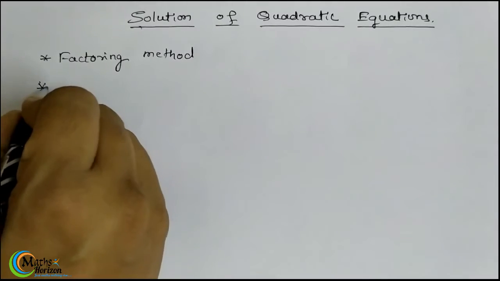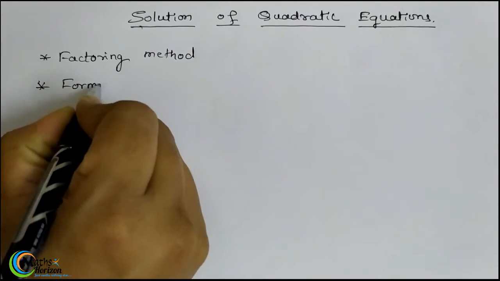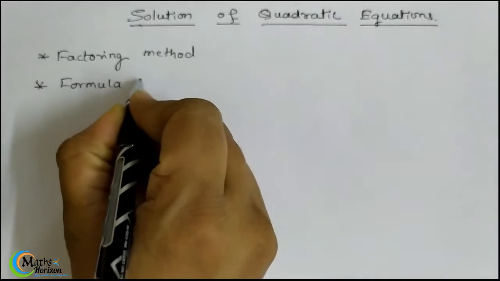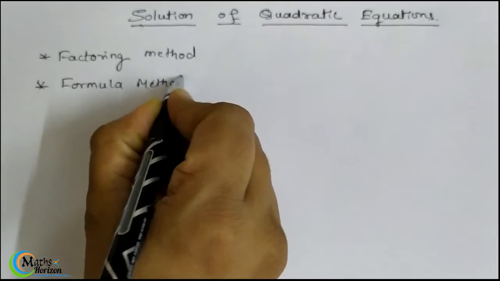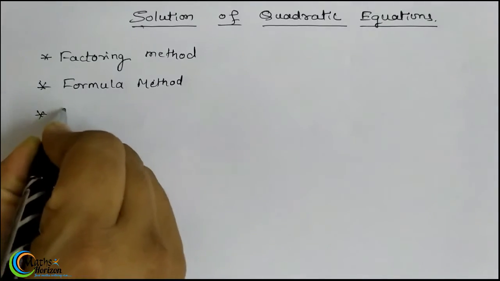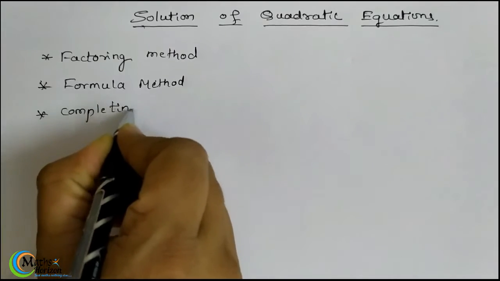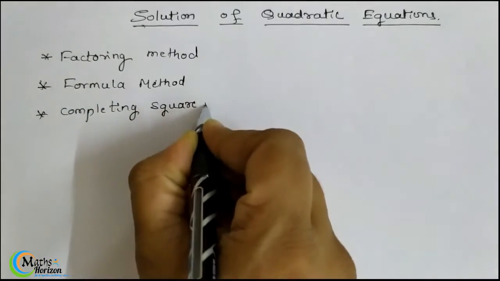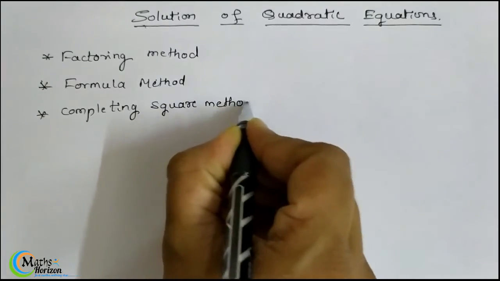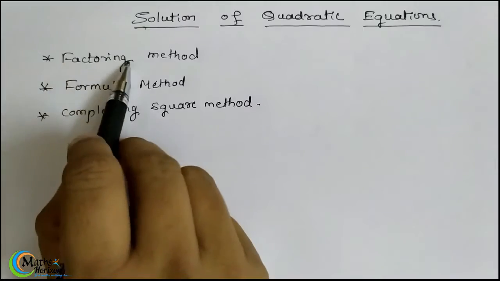Then we have the formula method of solving quadratic equations, and the completing square method. First one is the factoring method.